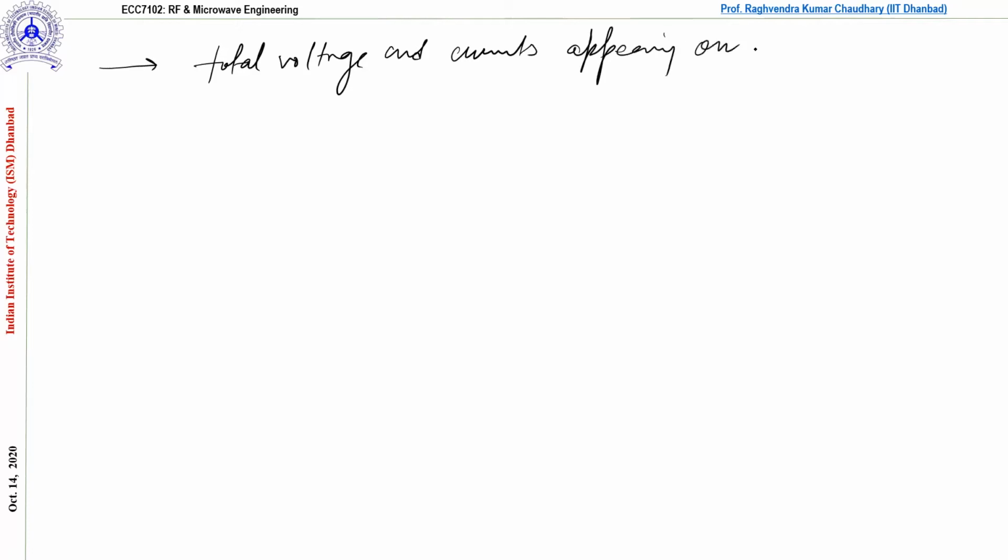Okay, so now these are characterized by using the total voltage and currents appearing on the terminal.